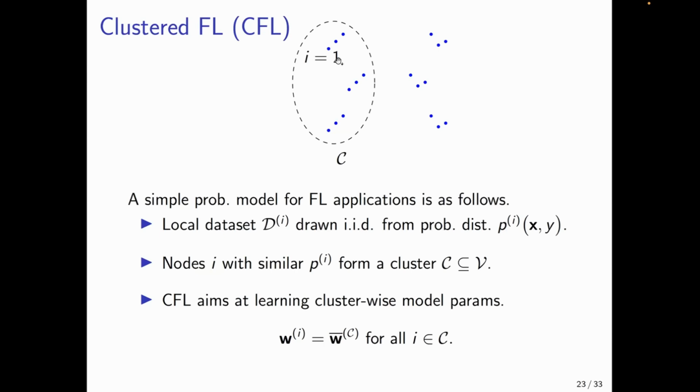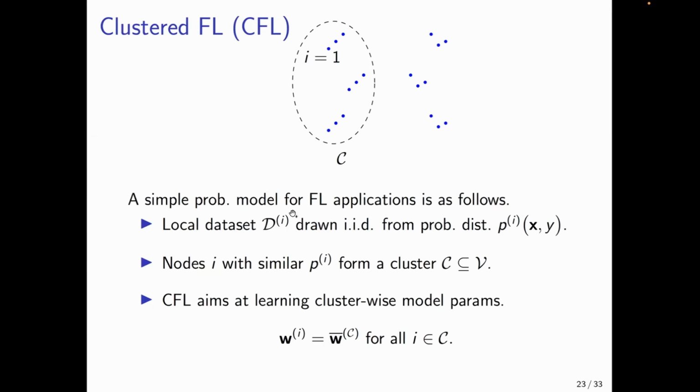And some of the hospitals have very similar statistical distributions of their local data sets. For example, they're all hospitals from Finland. Or it could be all hospitals considered during the same period of time when everybody's just hit by a wave of influenza. So for some nodes, the statistics or the distribution of the local data sets is very similar. And then we say these form a cluster.